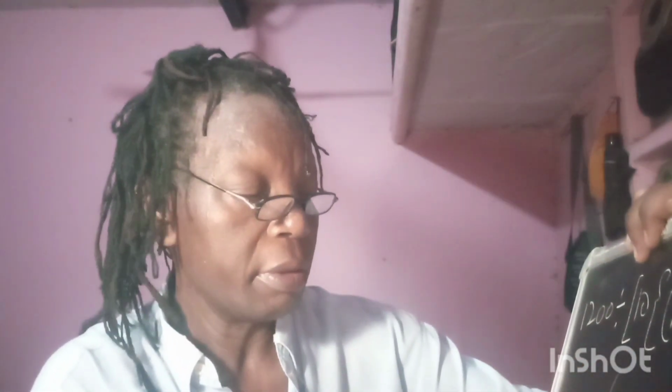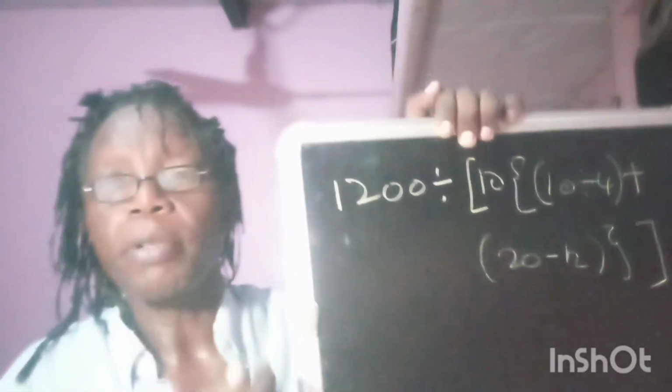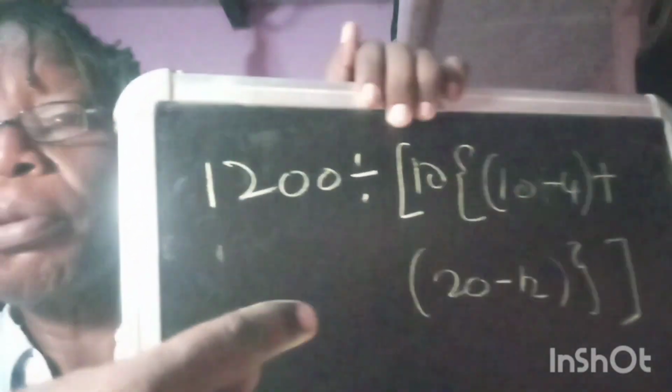That's parentheses, plus, and we continue like 20 minus 12 into curly brackets and square brackets. Yeah, I'm not calculating this, I'm just showing you what we did.